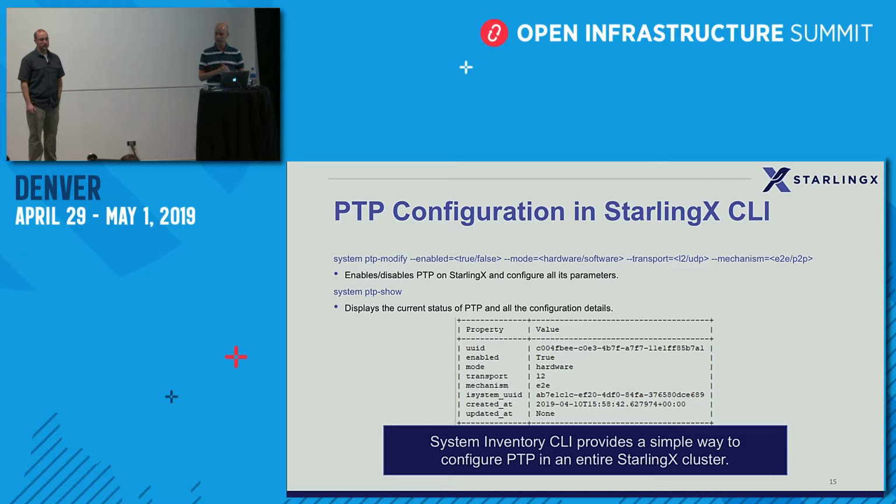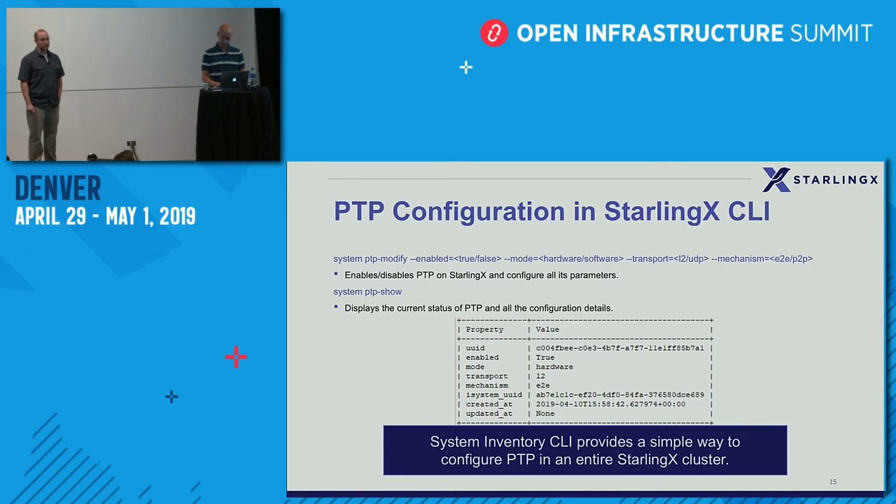After that, the StarlingX configuration manager takes all the parameters and distributes them across all the controller and compute nodes, applies them, and you are ready to go. Basically, that's how you deploy your PTP configuration in StarlingX. Nothing is required other than that.